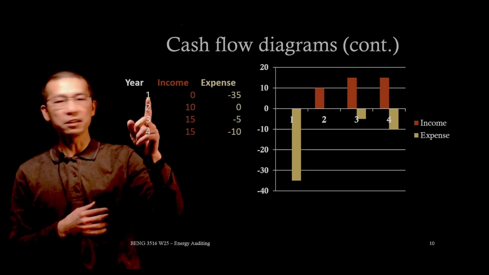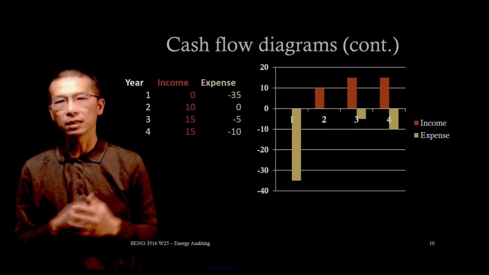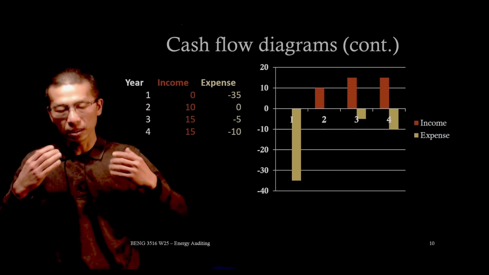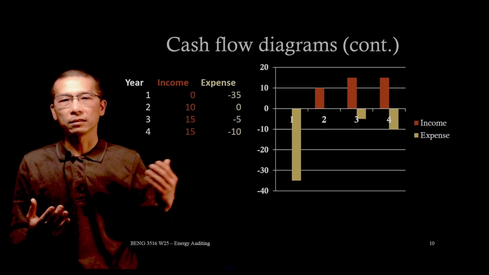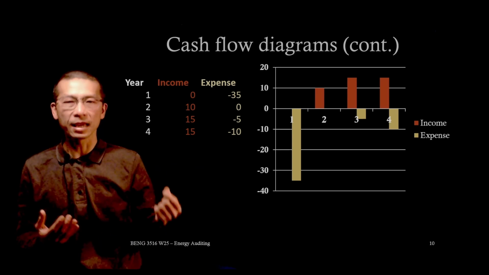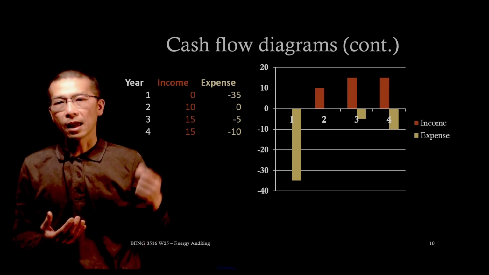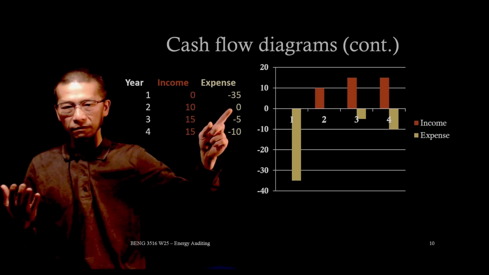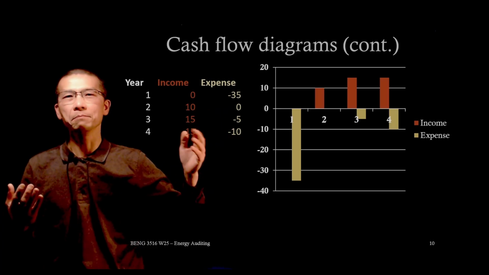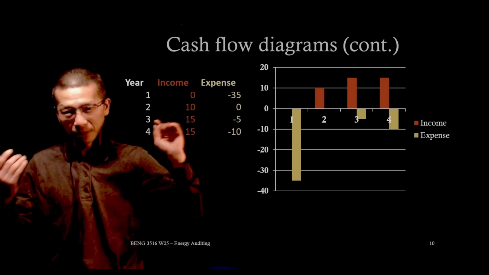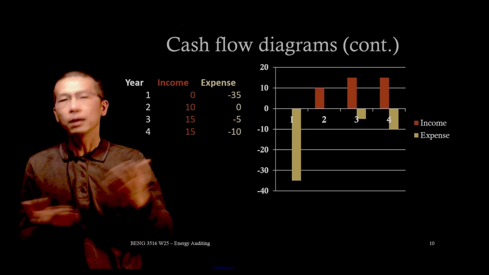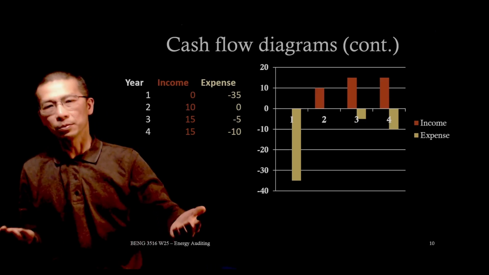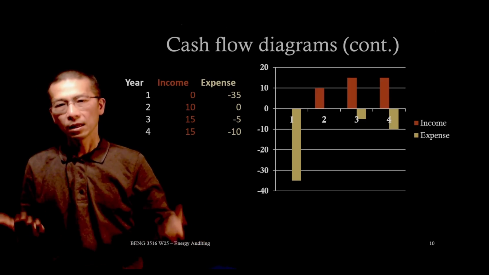The first year, now you implement. That's the implementation cost, and that's say 35, whatever that unit is, make it billions if you like, right? But 35 units, no income because the project is just being implemented. What happened?